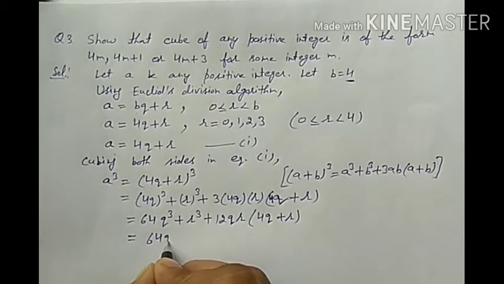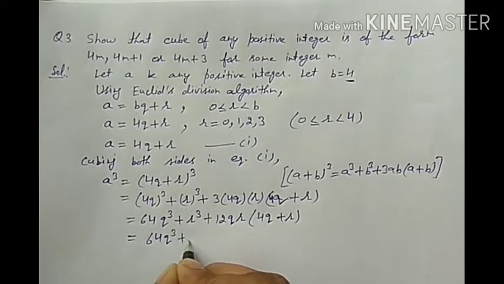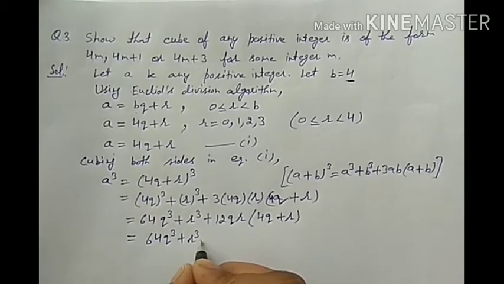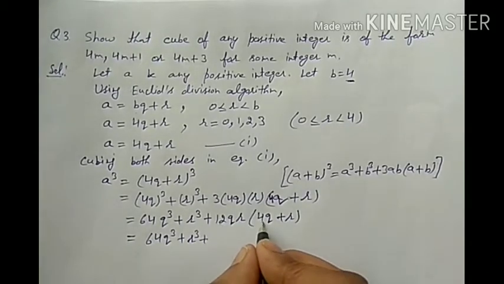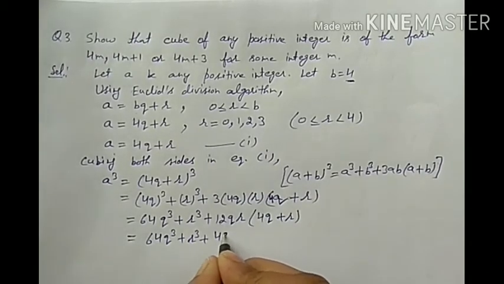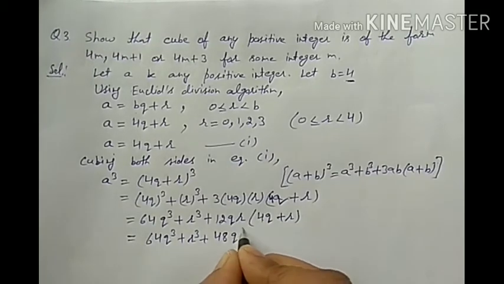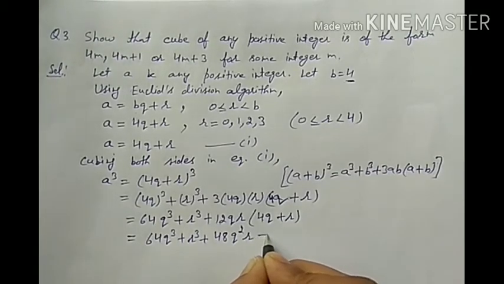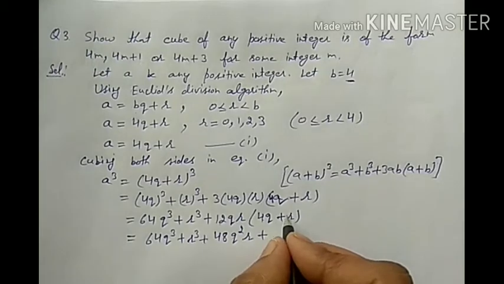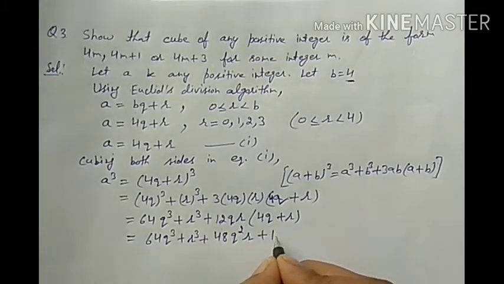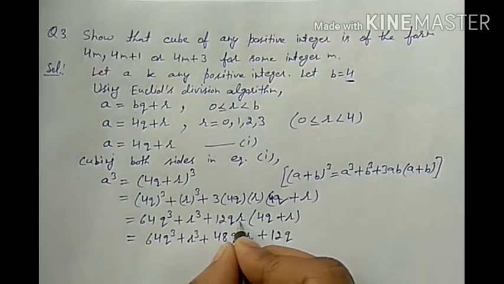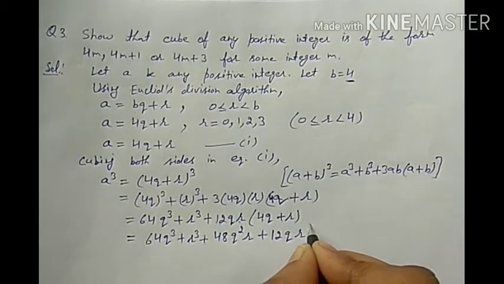Again we will open the bracket and multiply by 12qr. 12 fours are 48 q and q, q square r, plus here the numerical coefficient is 1, so 1 into 12, 12 q and r into r, r square.